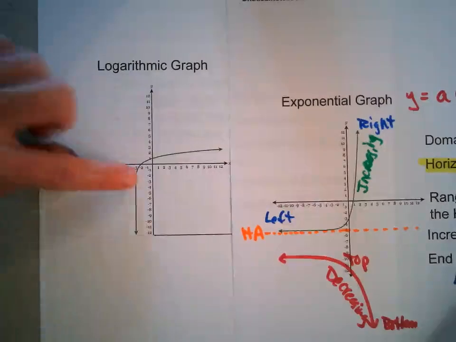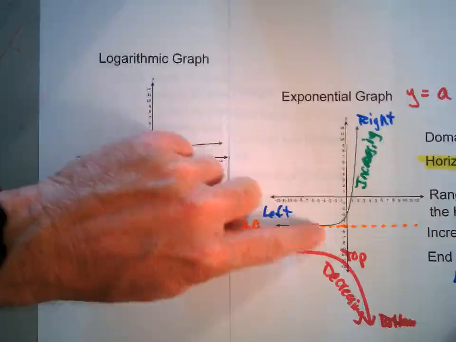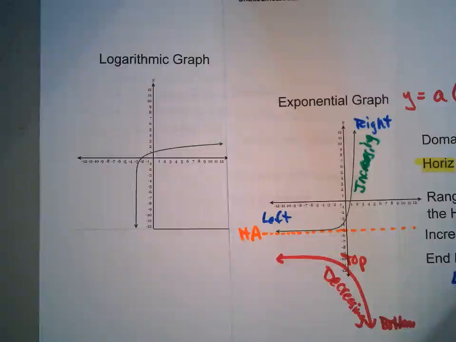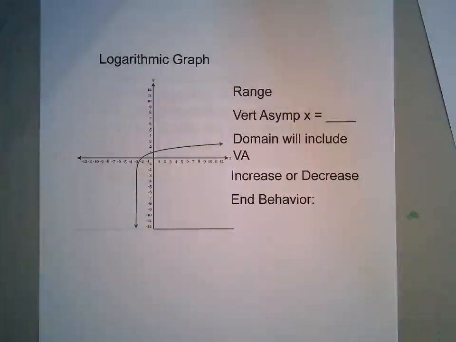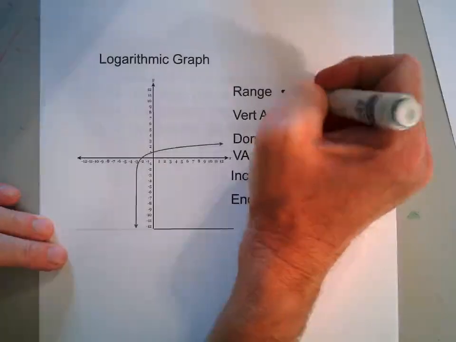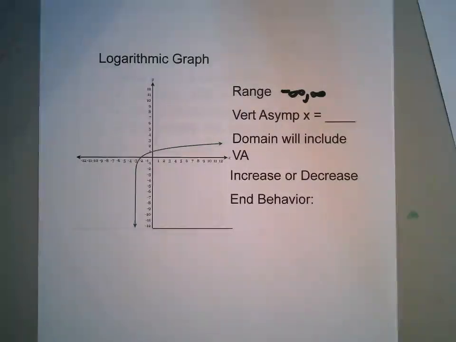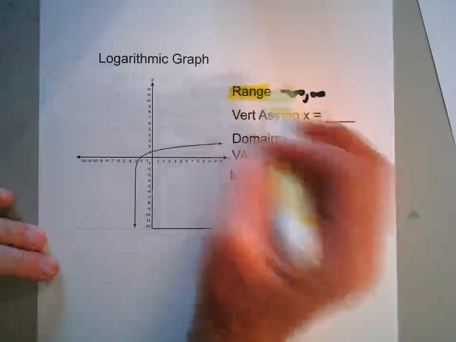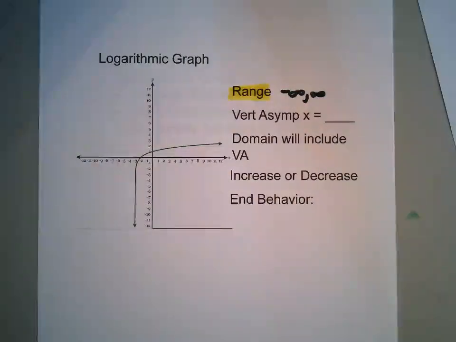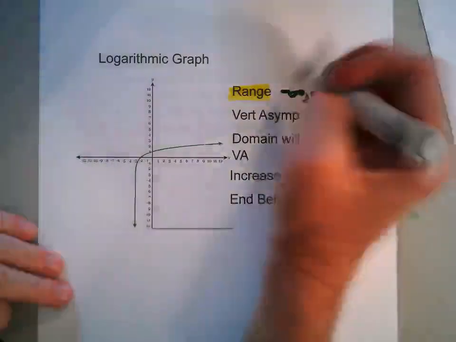Here's the two: this is logarithmic, this is exponential. They do have some differences. What I forgot to cut and paste is that the range of the logarithmic graph is always going to be negative to positive infinity. I'll put some parentheses around that for you.